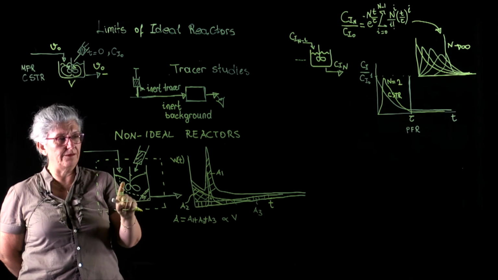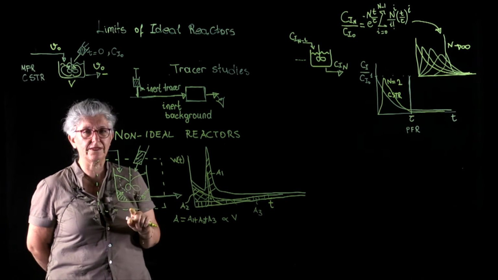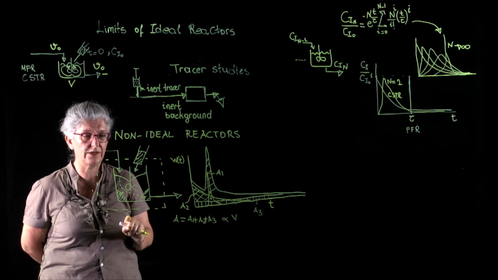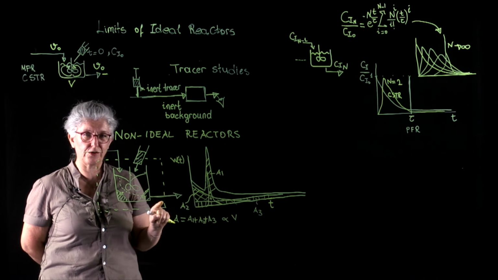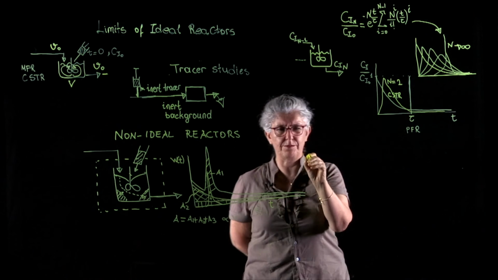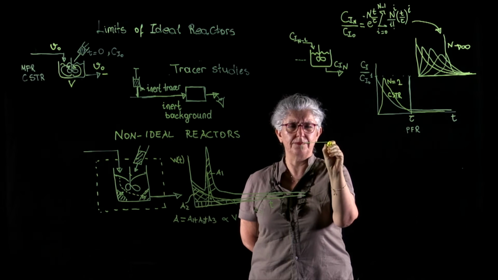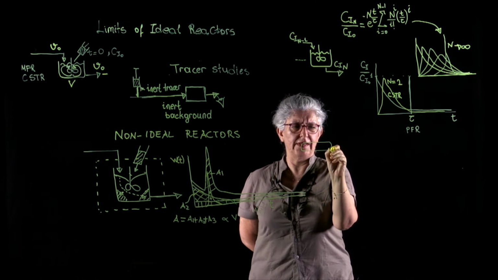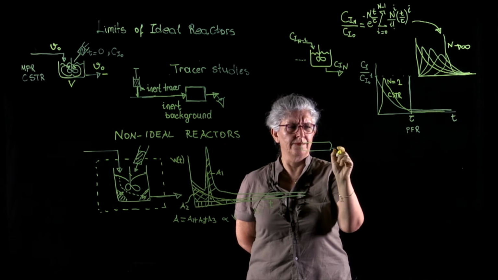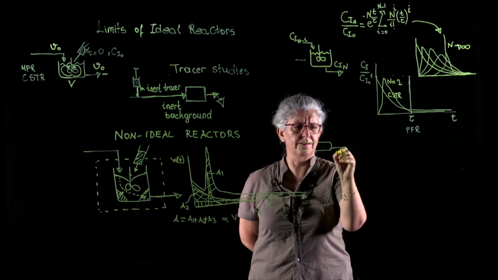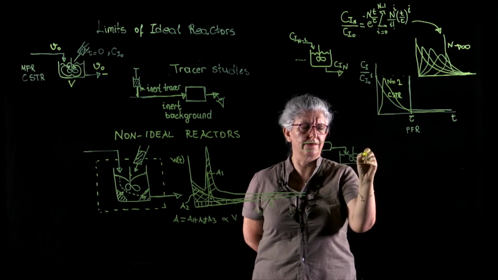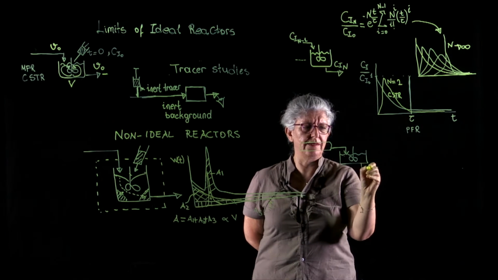The problem with the residence time distribution analysis is that it is not going to allow us to determine which is happening first, which is happening after. Now, imagine that you have a plug flow reactor and a CSTR in series.